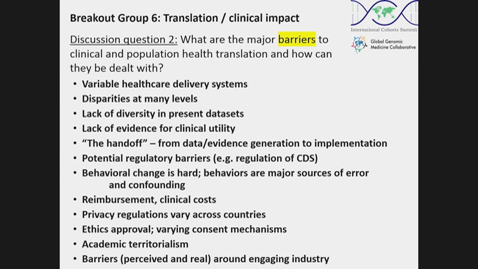And then there are perceived barriers around engaging industry. We had an interesting discussion about this because one view is that many of the barriers are in fact perceived. They're not actually real. We couldn't possibly do that. Our participants don't want us to talk to industry. And in fact, if you go and talk to the participants of the cohort, they say, fine, you go talk to industry because that's why we developed this.